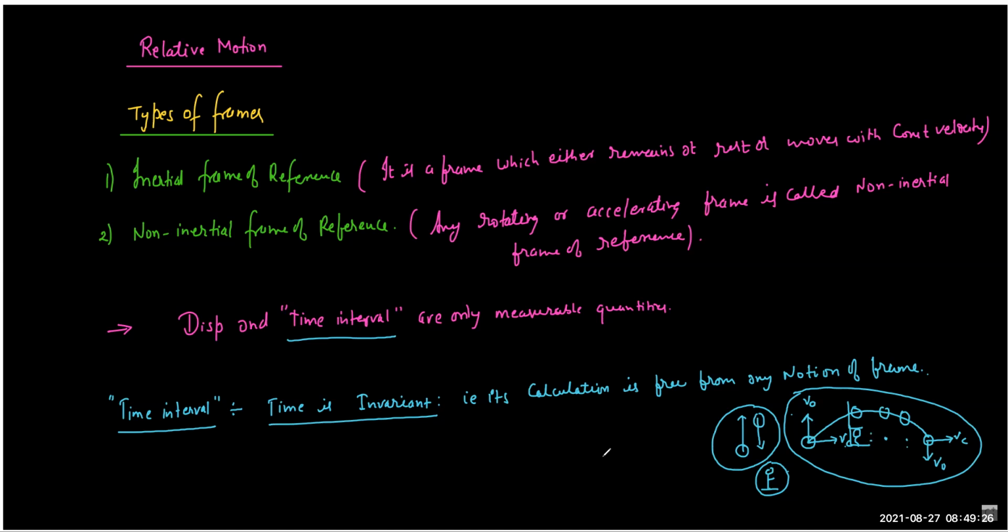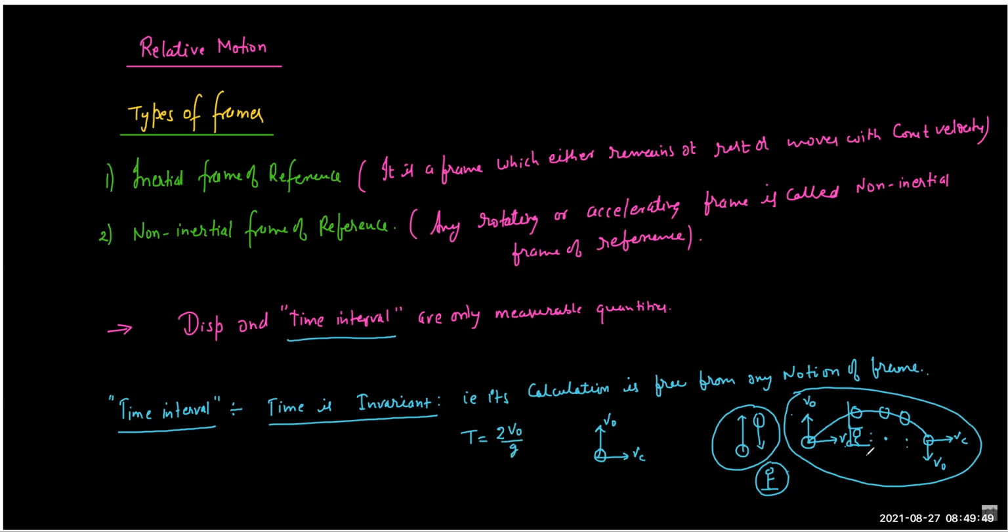So let's say someone is throwing with velocity v naught and it is moving in a car. If you remember the time of flight formula for vertical motion, in the car frame this is a vertical motion. And what is the time of flight? The answer is 2 v naught by g.